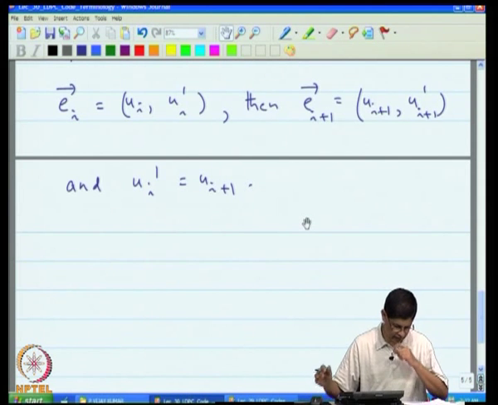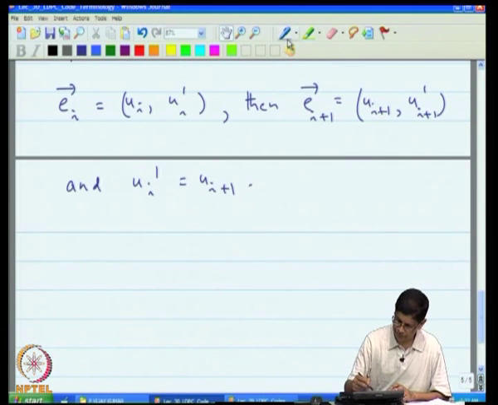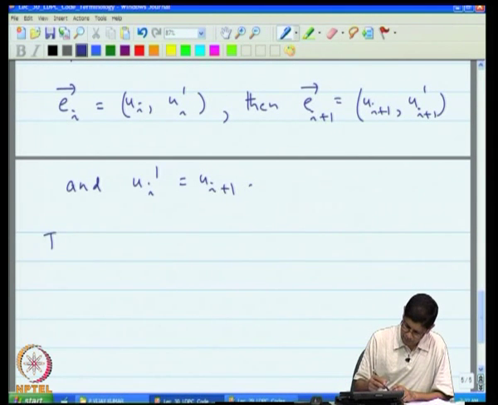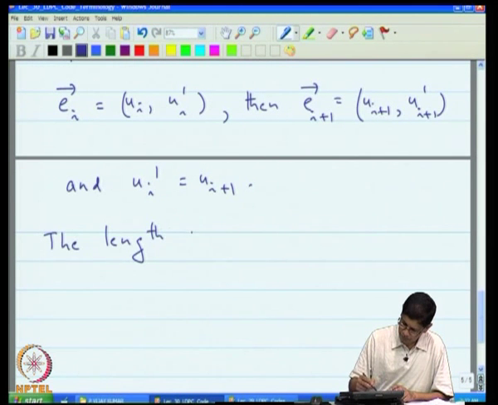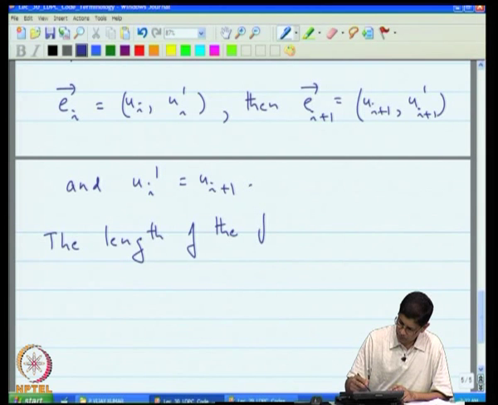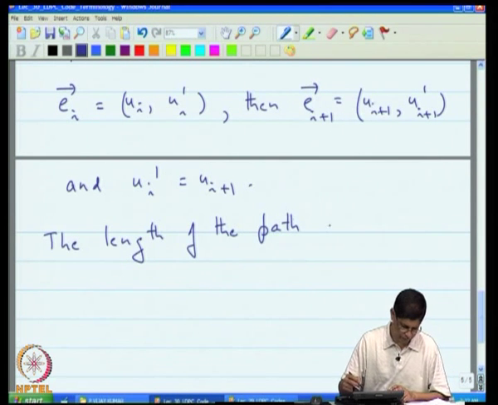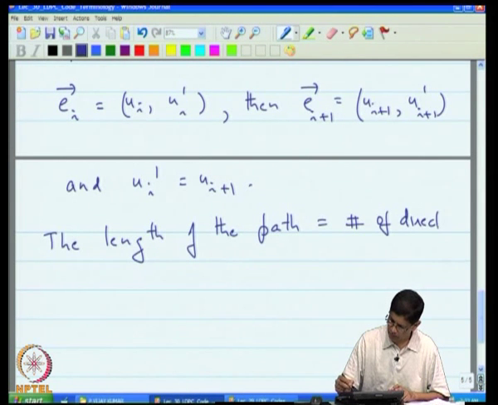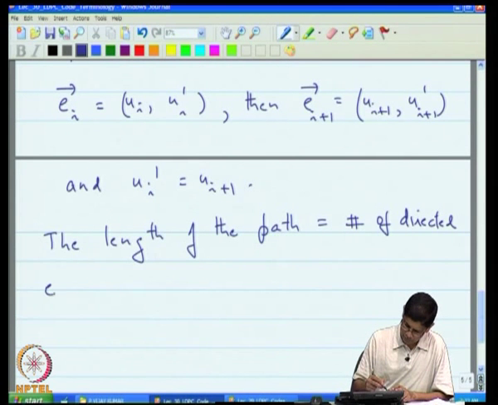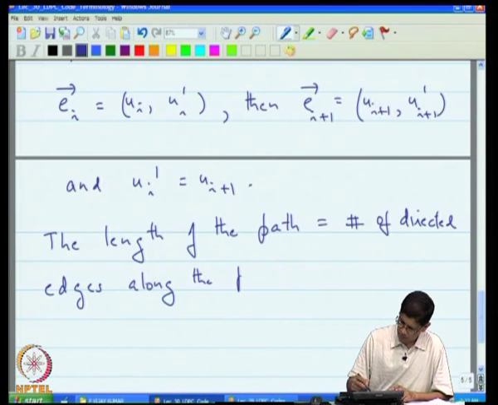So, we will say that the length of the path is k. The length of the path is equal to the number of directed edges along the path.